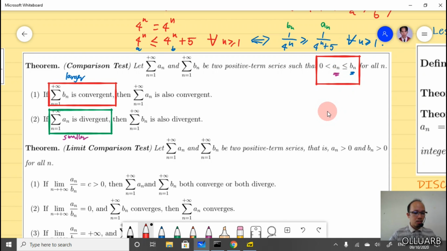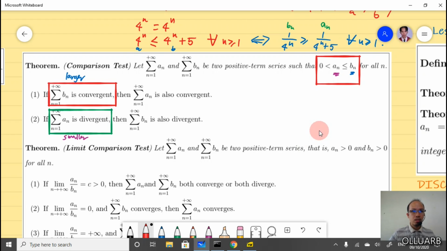For our next theorem, which talks about the limit comparison test, will come shortly.